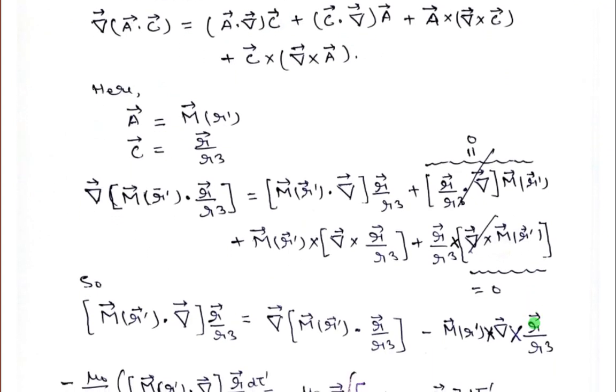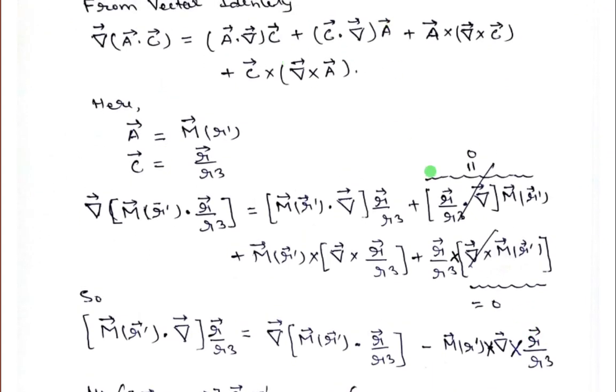Now if you look carefully at this vector identity, here del is a function of x, y, z, and this vector capital M is a function of x prime, y prime, z prime. If you take the cross product of the del operator with capital M vector, obviously that will give 0. Why? Because if you differentiate x prime with respect to the x coordinate, that gives 0.